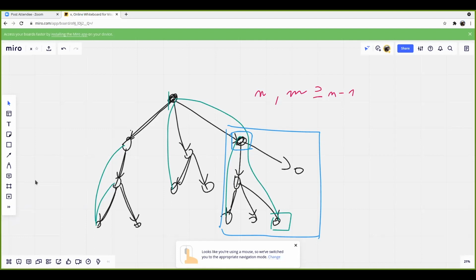If it is possible, what does such a path look like? Well, I start here in the root of the subtree. I have to go downwards in order to reach one of the vertices in my subtree. And then from that vertex, I can use the green edge to leave the subtree.